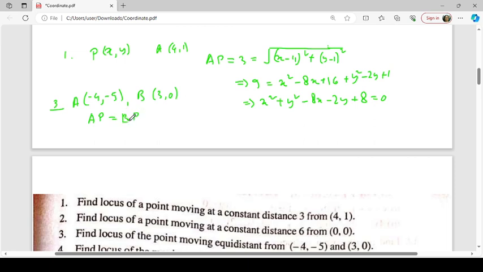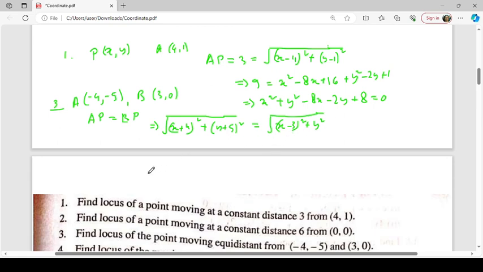So by distance formula we find, root over x minus minus plus, so x plus 4 whole square plus y plus 5 whole square, this is equal to root over x minus 3 whole square plus y minus 0 whole square, and we remove the square root.